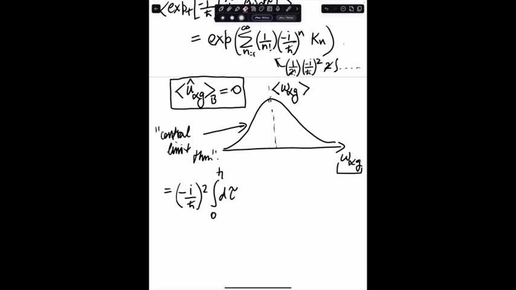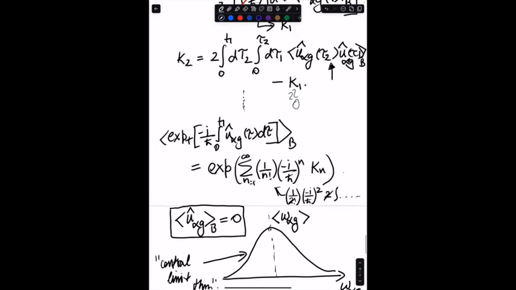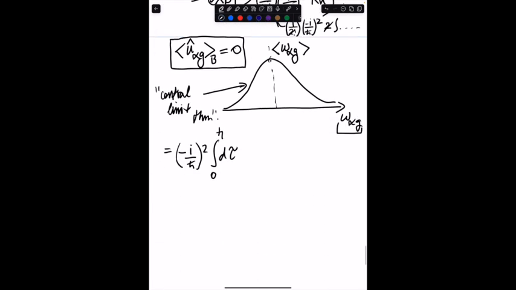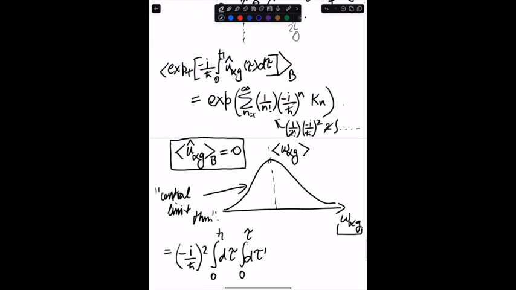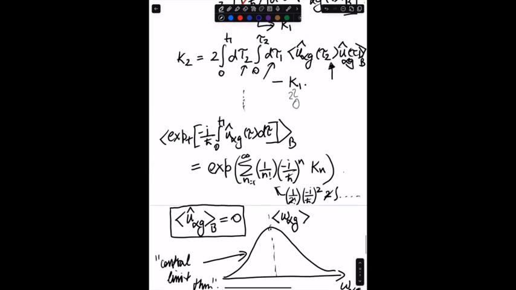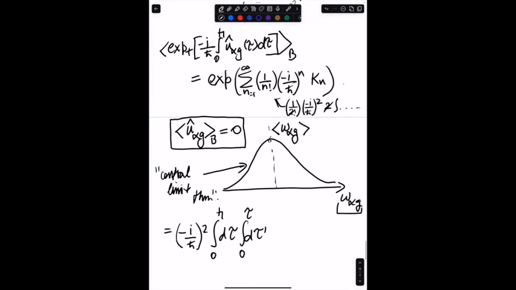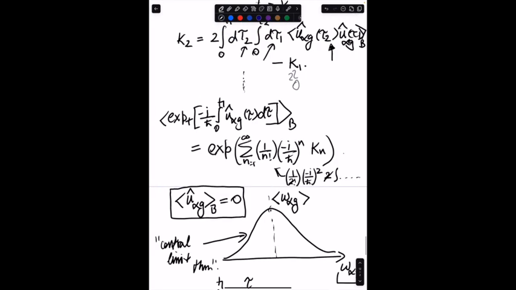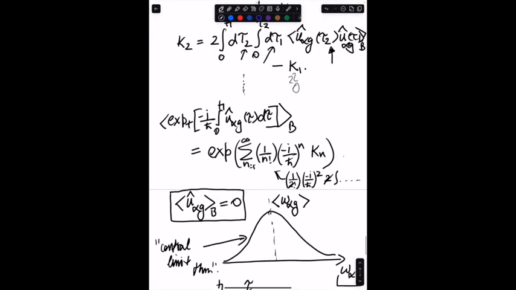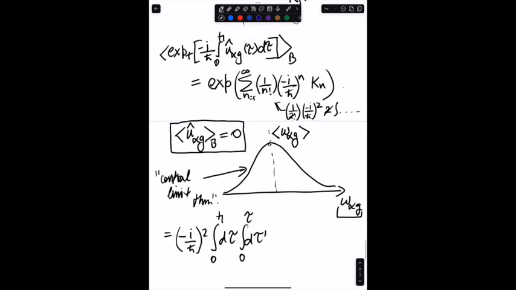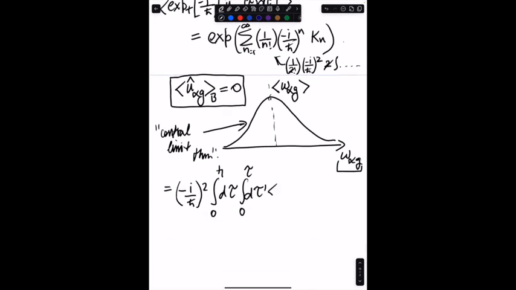Let's not use dτ2 and dτ1 henceforth, we'll just use dτ and dτ prime. This is all in the exponential, with delta omega alpha g of τ and delta omega alpha g of τ prime.